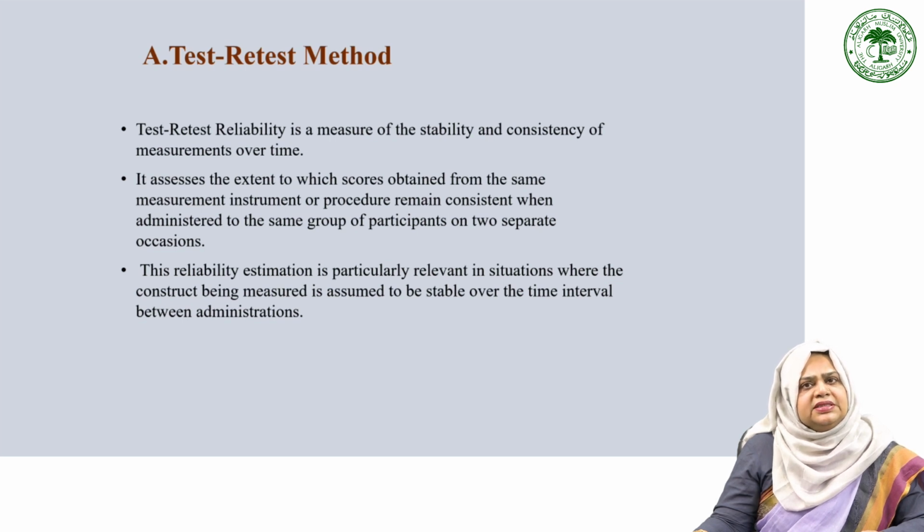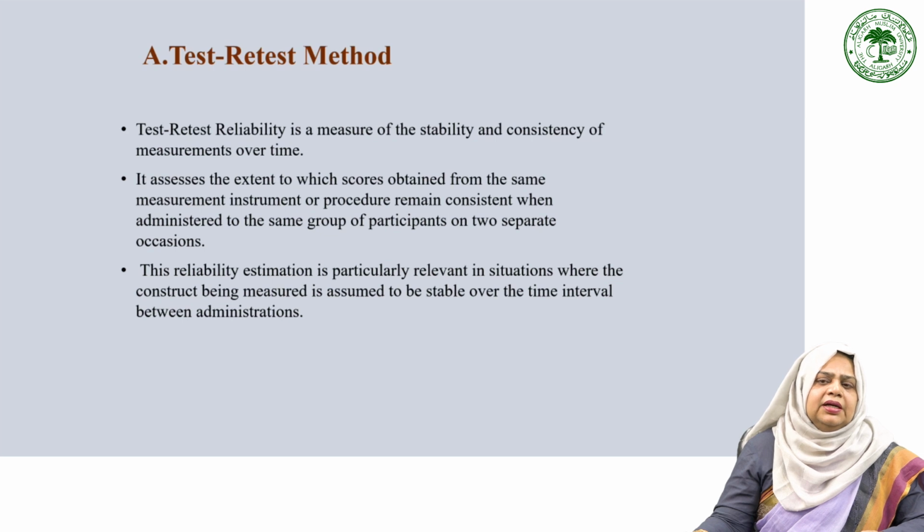To assess test retest reliability, researchers usually calculate a correlation coefficient which measures the strength and direction of the relationship between the scores obtained at each testing session. A high correlation coefficient indicates a strong positive relationship, suggesting that the measurements are highly consistent over time.